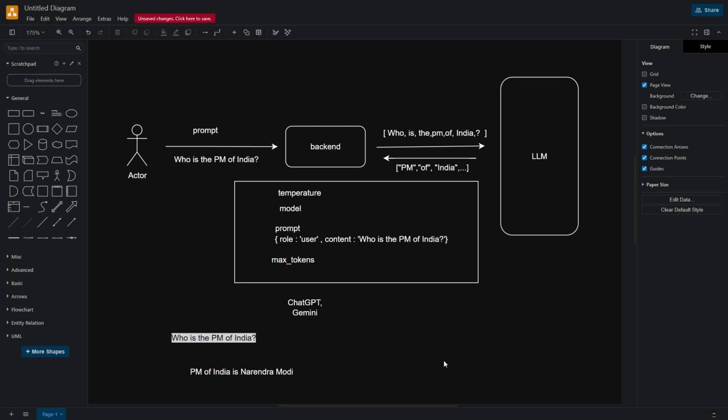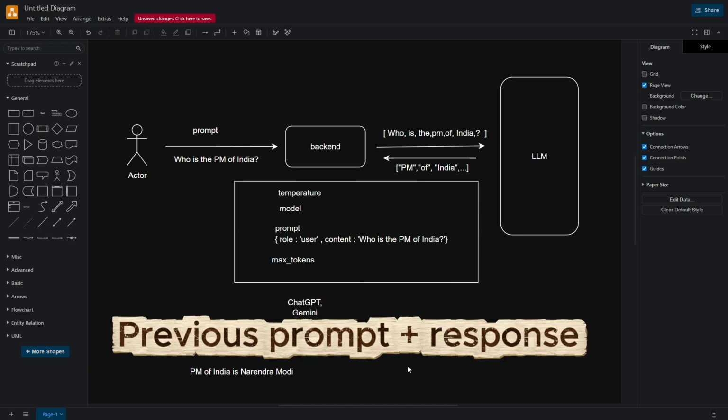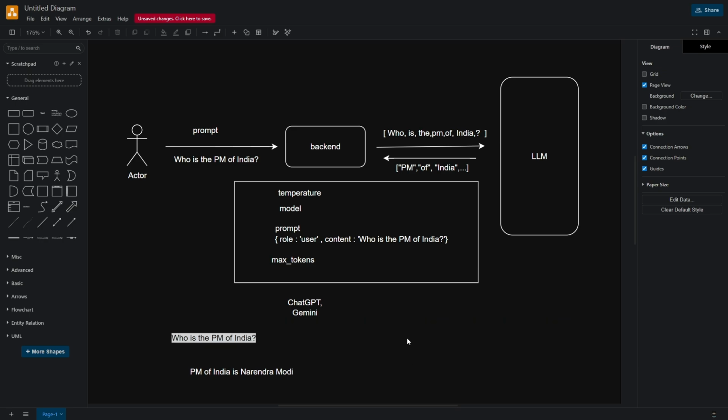So what's happening inside, friend? Every time we send a new prompt, it's already adding the previous prompts to its context. This is known as chat history. Every time we give a new prompt, it's added to the chat history. Basically, it's an array where it stores the prompts and also the responses the LLM has given us.